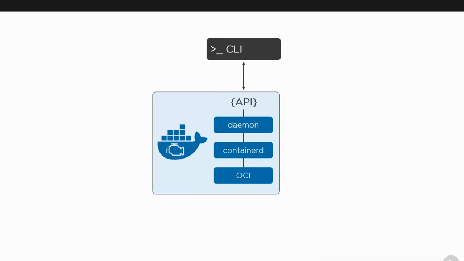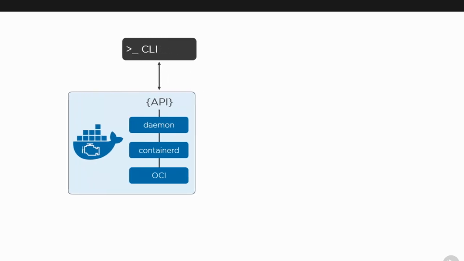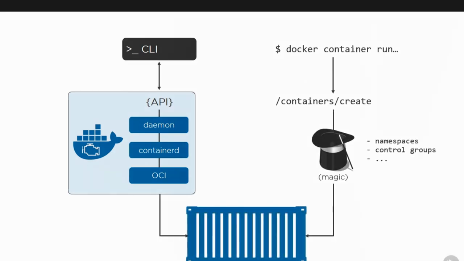But the workflow's pretty much like this. We use the command line to create a new container. The client takes the command and makes the appropriate API request to the container's create endpoint here in the engine. Hey, create me a container, yeah? And the engine here pulls together all of the required kernel stuff, and out pops a container. It is a beautiful thing.